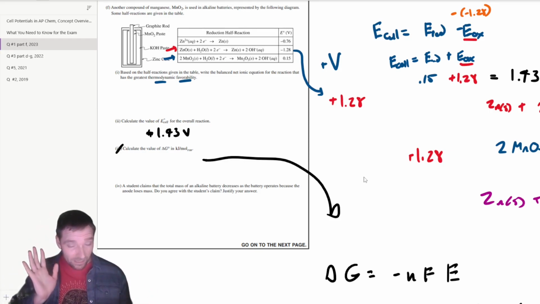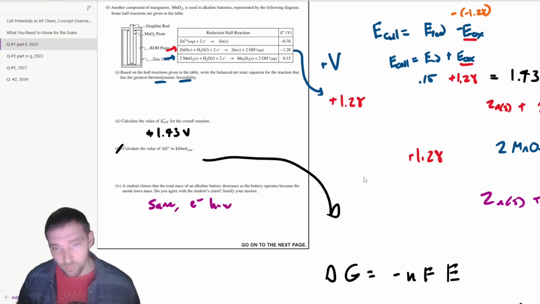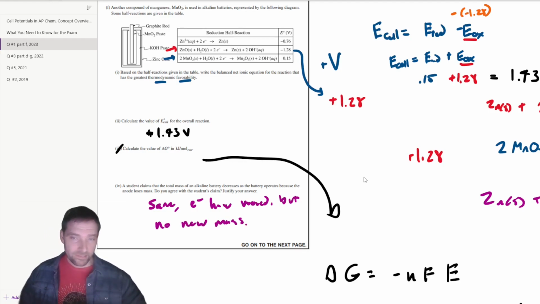So some parts might get heavier, some other parts might get lighter, but the whole battery should be the same because electrons have moved, but no new mass. So this battery still has the same total mass, so it seems like it might be a Faraday's constant problem, but it actually isn't. So this is a trick question.